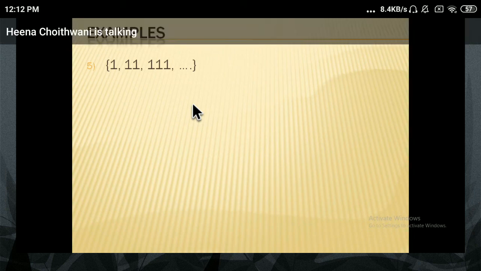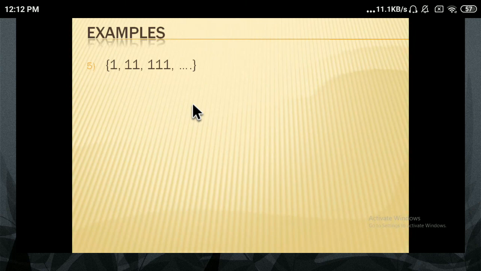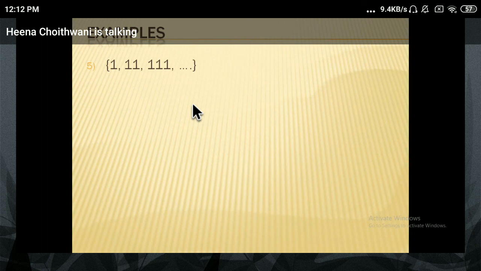Yes, do we have all the possible strings of length 1, 2, 3, and so on of symbol 1? Do we have epsilon here? We don't have epsilon here. So which closure? Plus or star?